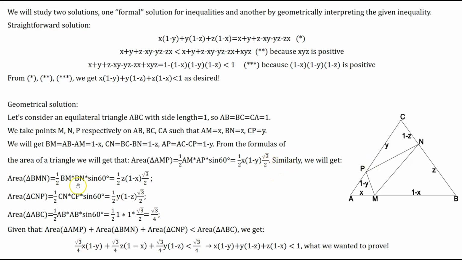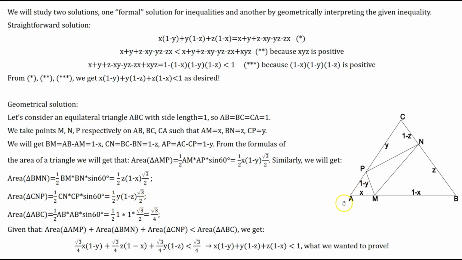Similarly, we will get that the area of triangle BMN is equal to 1 divided by 2 of Z times 1 minus X times square root of 3 divided by 2. And the area of triangle CNP is equal to 1 divided by 2 times epsilon times 1 minus Z times square root of 3 divided by 2.